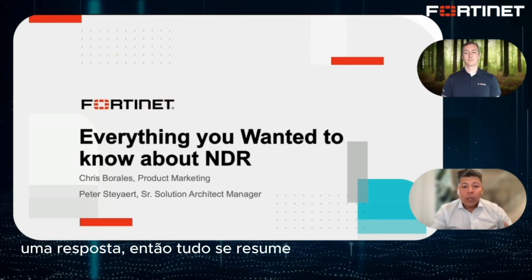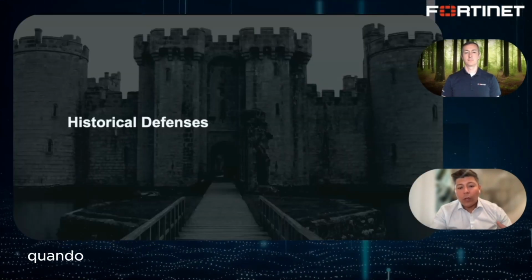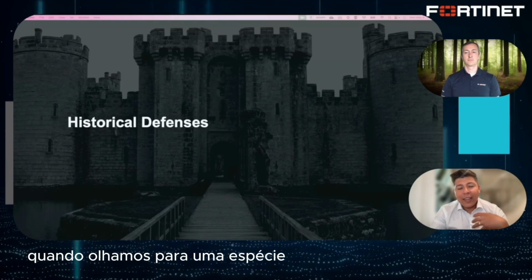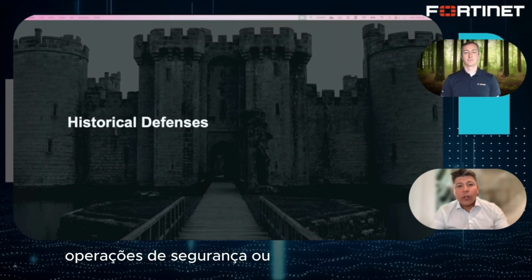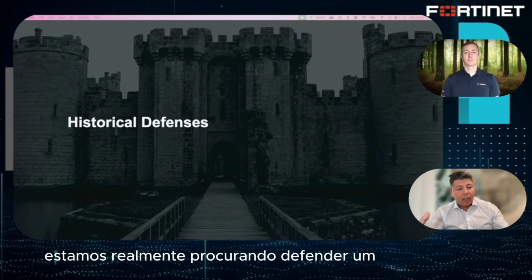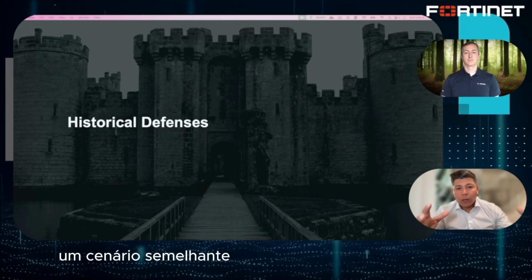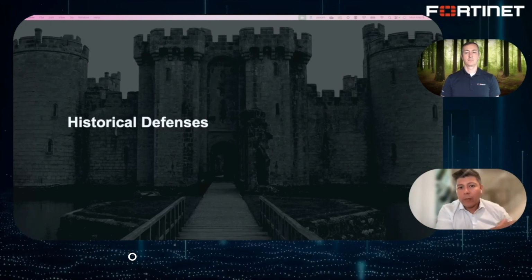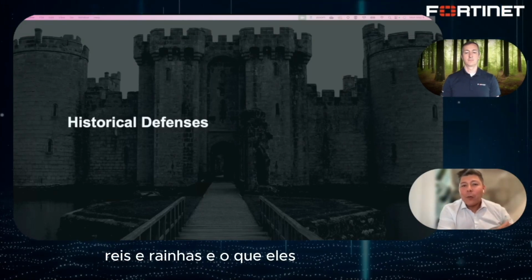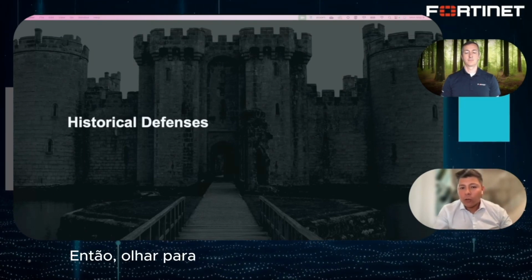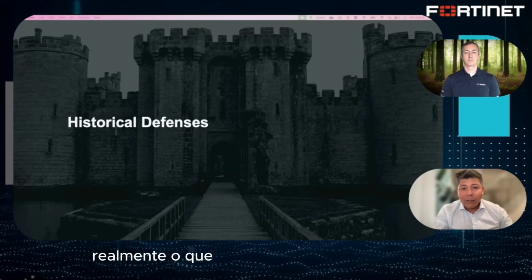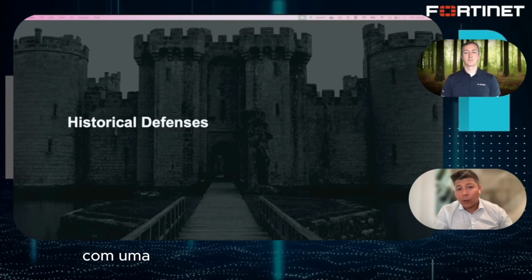When we look at the legacy of network defense or security operations, we're looking at defending a scenario similar to what medieval kings and queens would do when trying to defend their castle. These historical defenses are very similar to what we have with modern network architecture.